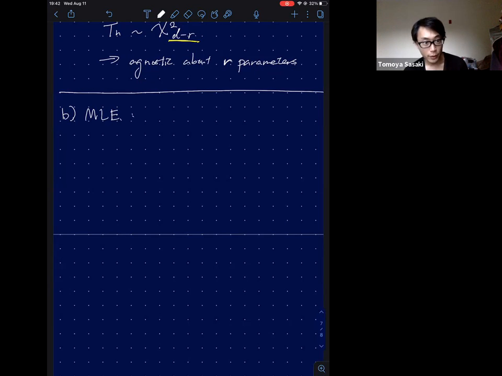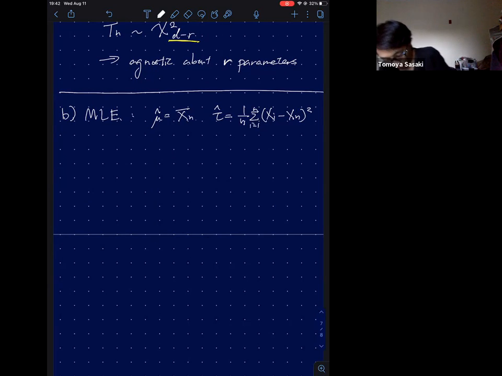So mu hat is going to be bar x_n, and tau hat is going to be one over n times the sum of (x_i minus x bar) squared, summing from 1 to n.